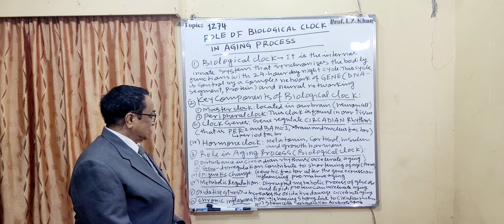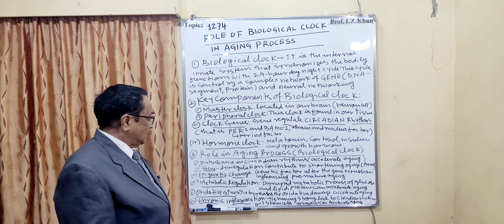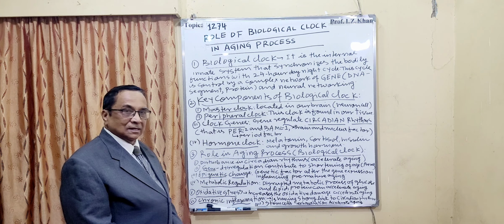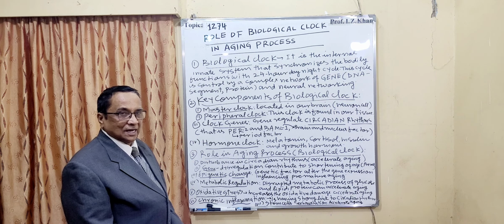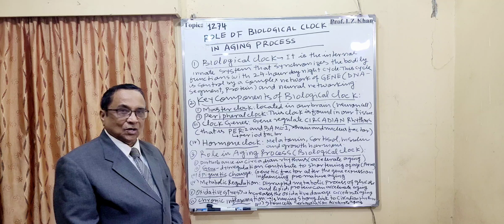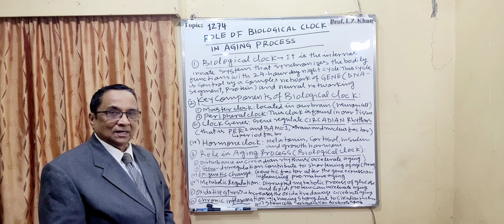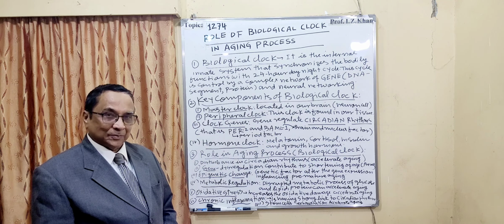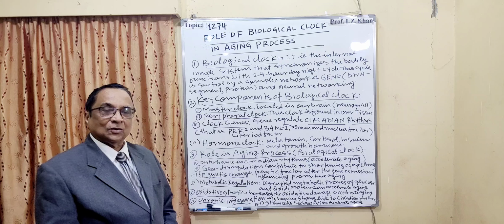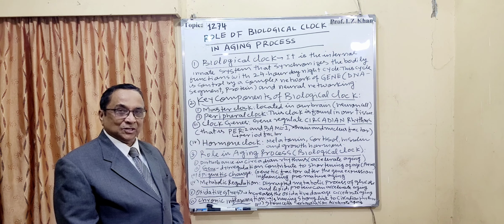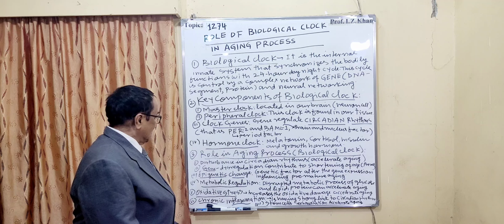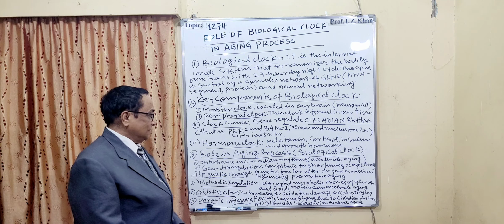The second is gene dysregulation. Once your gene is under stress or oxidative stress, it will be dysregulated, and abnormal gene expression will be there, and it will accelerate your aging process, that is called premature aging. Number 3, epigenetic change.